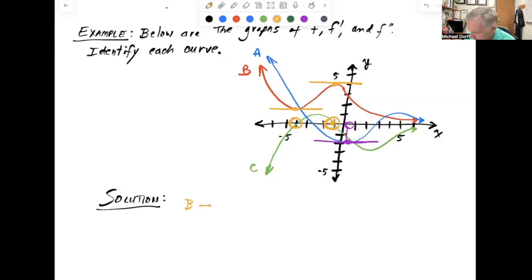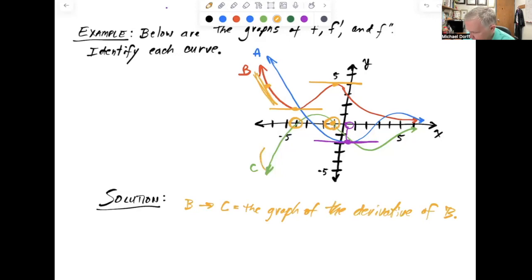So that suggests that the graph of B is going to be my function, and then C is going to equal the graph of the derivative of B. We can check this further by looking at some more tangent lines of B. If I take a point at about -6 and draw the tangent line, the slope of that line is negative.